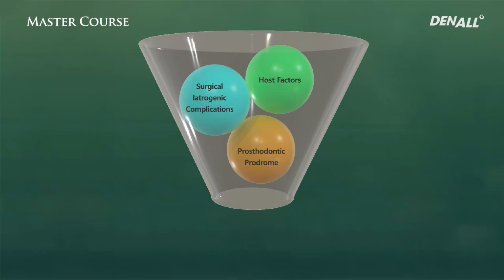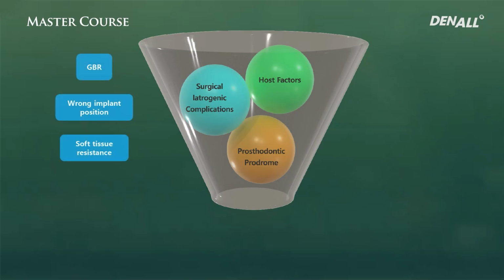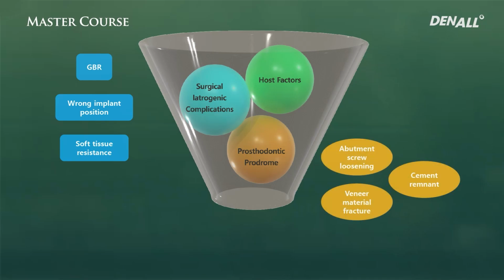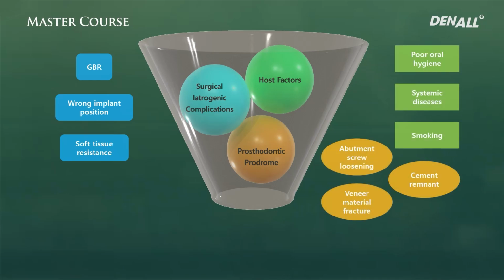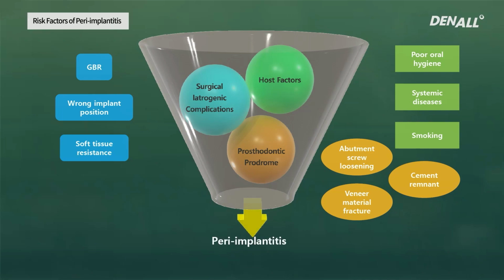There are a combination of risks: surgery-related, prosthetic-related, and patient-related factors, and they interact with each other, causing peri-implantitis as a result. So we cannot just look at one factor, we need to look at various factors.